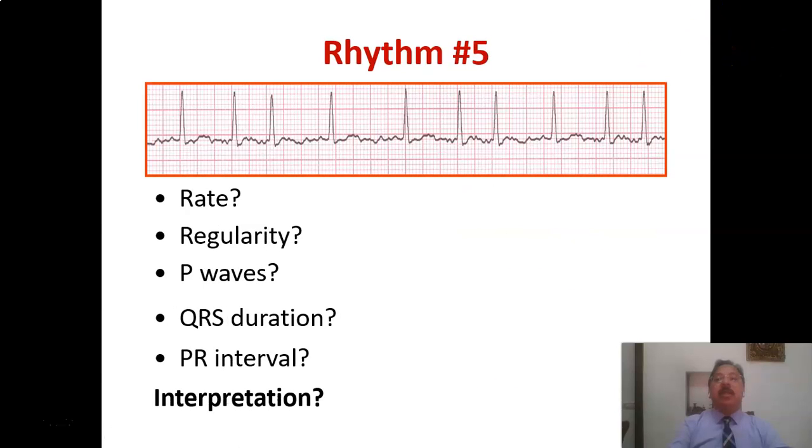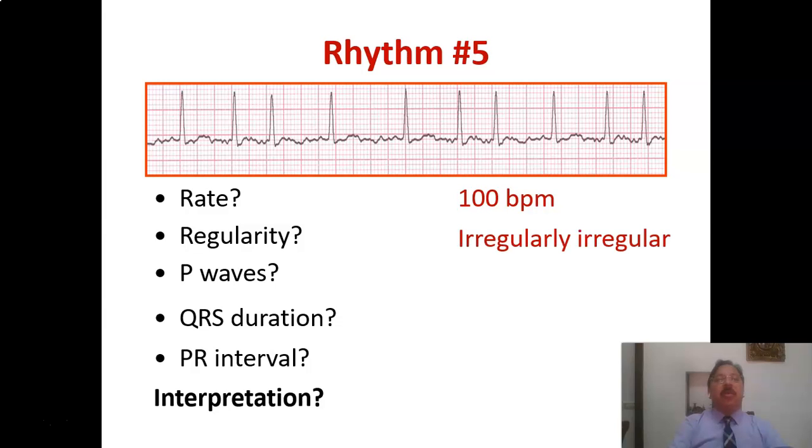Look at rhythm strip number 5. Rate and regularity. As this is irregular, you will apply the 6-second method, and the rate is approximately 100 beats per minute. Is it regular or irregular?